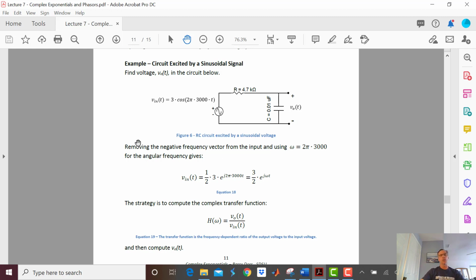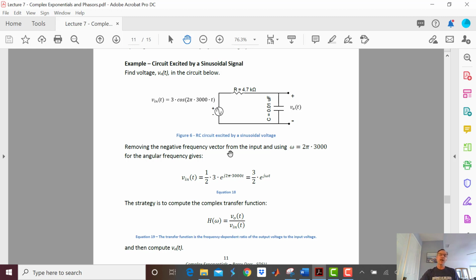So what we're doing here is what those textbooks and journal articles do, and we are just shoving a complex exponential into our circuit, just like the smart people do, but it's really not all that hard.